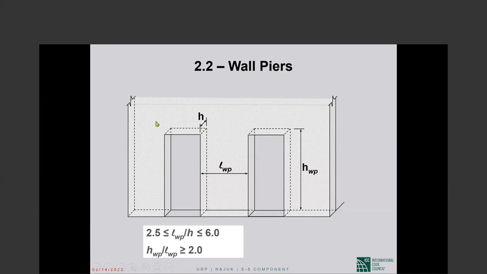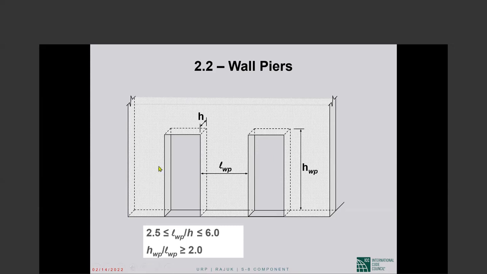You actually cast the wall on that slab and then tilt the wall up after it has hardened. Okay, you tilt it up, make it vertical. Initially, it started out as tilt-up walls, but then people started cutting openings for obvious reasons. And now, sometimes it's hard to tell whether these are tilt-up walls or tilt-up frames.